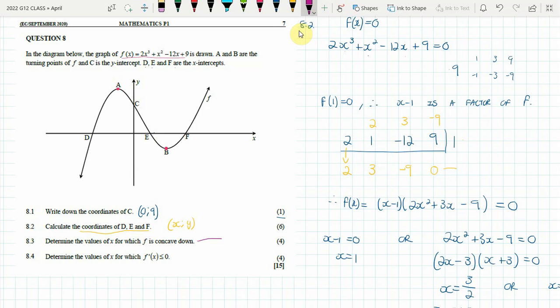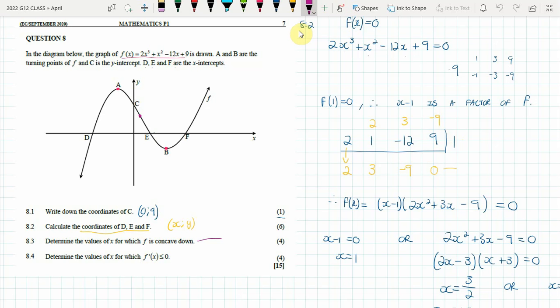It's the point of inflection. It could be anywhere, but it looks more like there. But is it before the point of inflection or after? So is f concave down before the point of inflection or after? It's before. So it's from minus infinity up to the point of inflection.